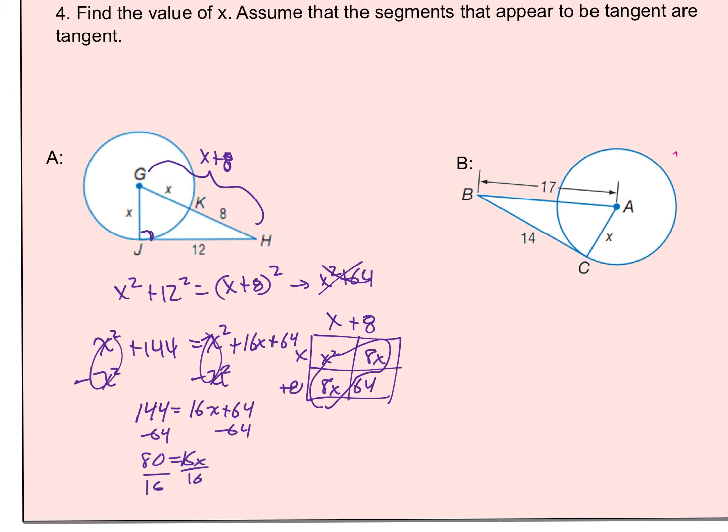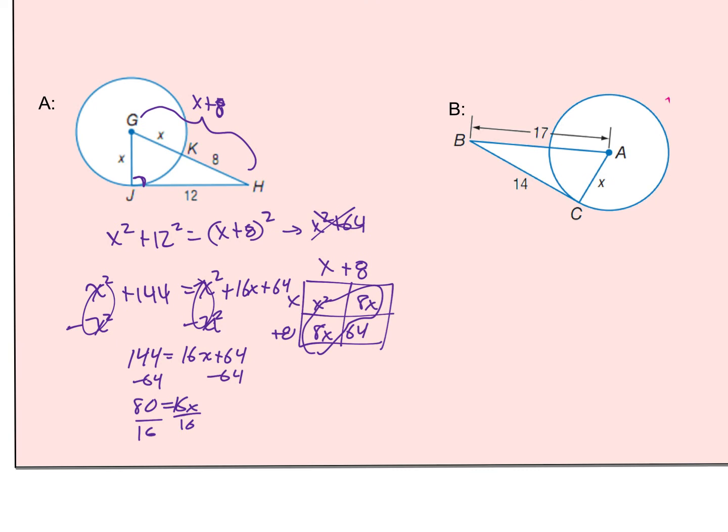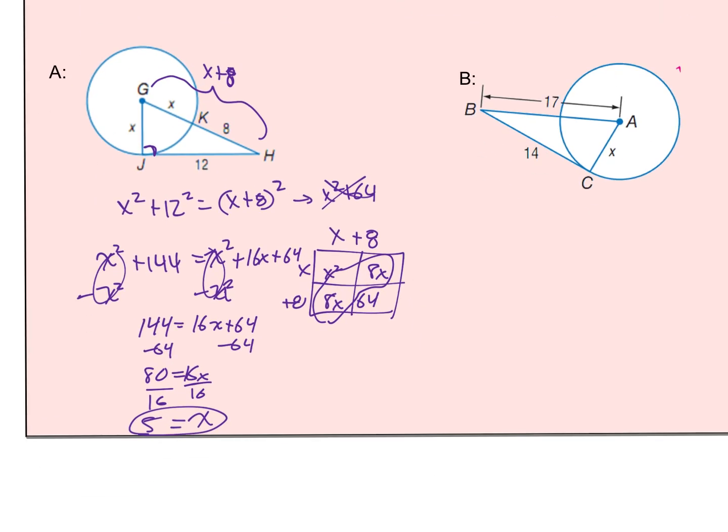So now divide by 16. So x will equal 5. So that's my answer, 5. So now the hard part is making sure that my setup is correct and making sure that I multiply x plus 8 correctly.